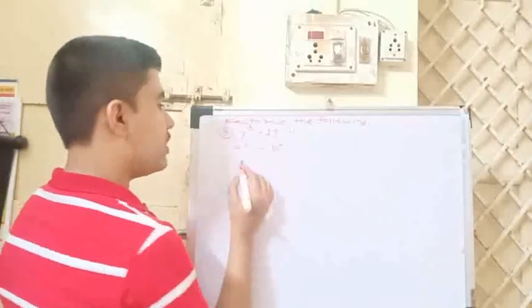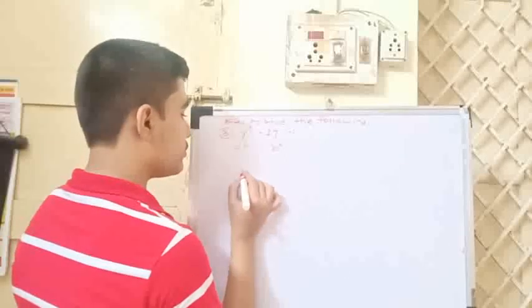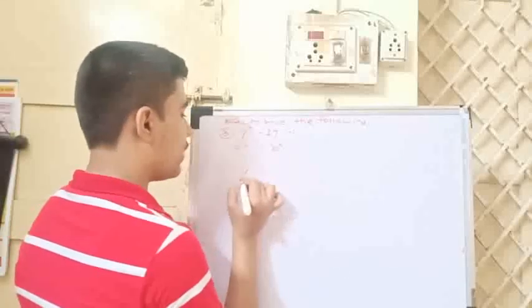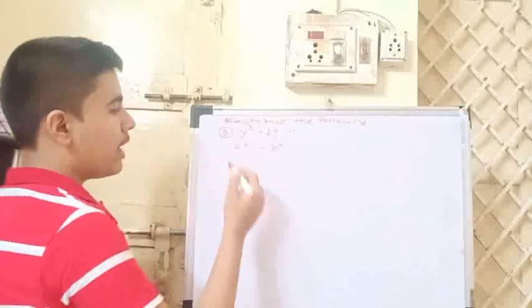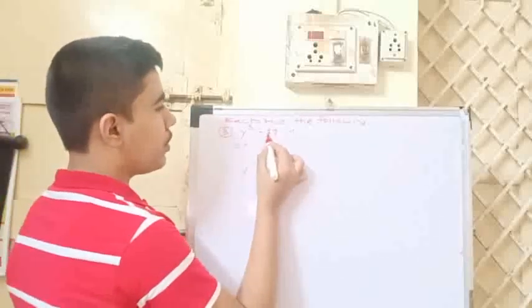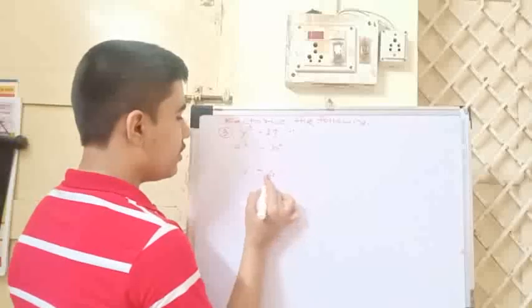Now if it is a cube, then it will be y, because the cube root of y cube is y only, and the cube root of 27 is 3.